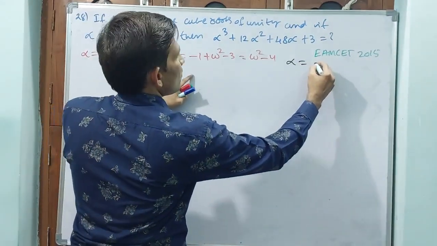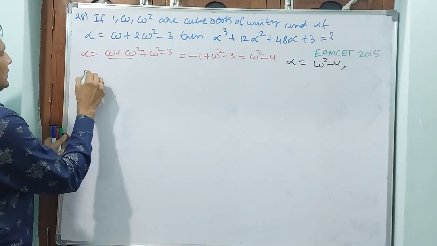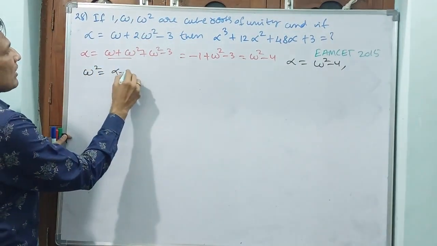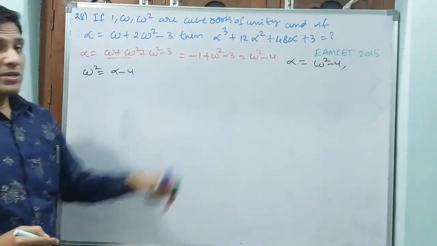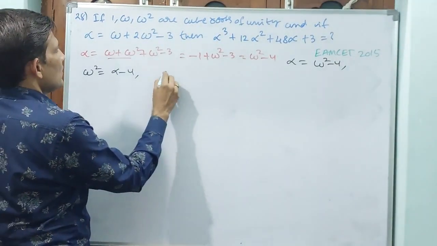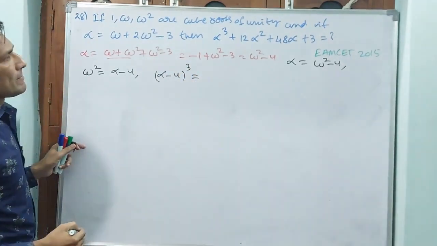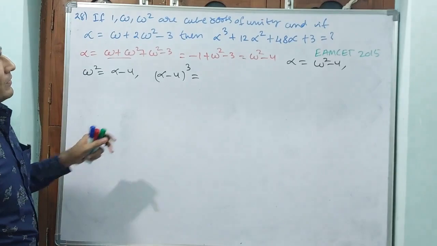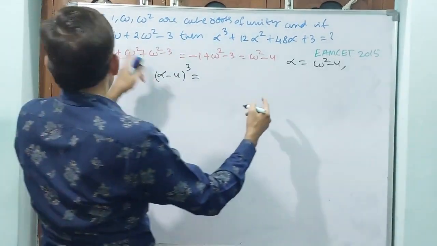Alpha is equal to omega square minus 4, or else omega square is equal to alpha plus 4. But here alpha cube is appearing. What do I want to do? If I take alpha minus 4 whole cube, minus 4 or plus 4? Omega square minus 4, it goes to that side.